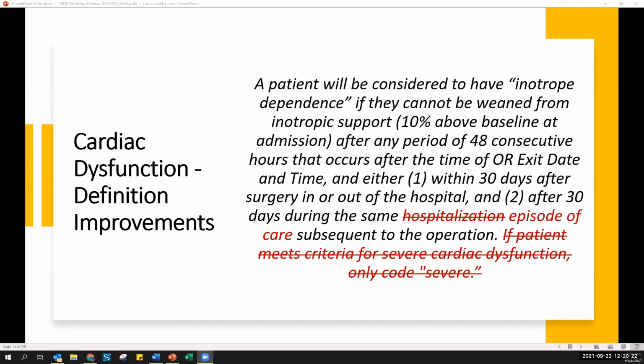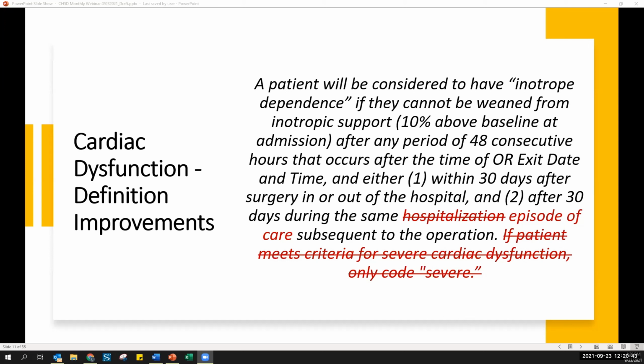But what we also know about our patients is this can happen at different time points, right? So maybe coming right out of the OR, they had cardiac dysfunction, but then 3 or 4 days later, there's a cardiac arrest, the patient goes into severe cardiac dysfunction and ends up on ECMO and listed for transplant.